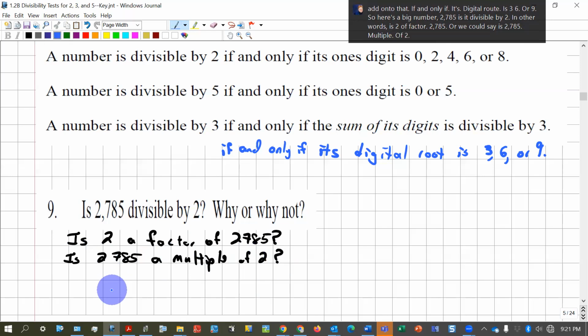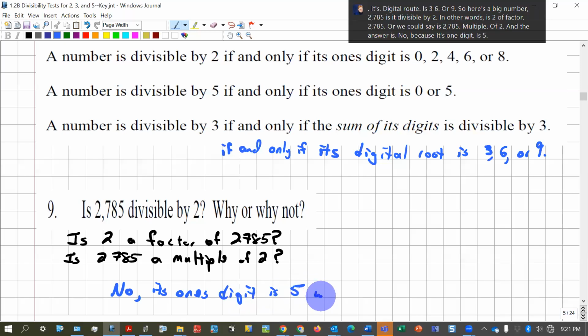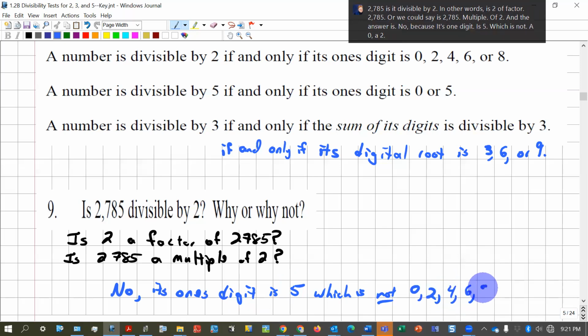And the answer is no, because its ones digit is 5, which is not a 0, a 2, a 4, a 6, or an 8.